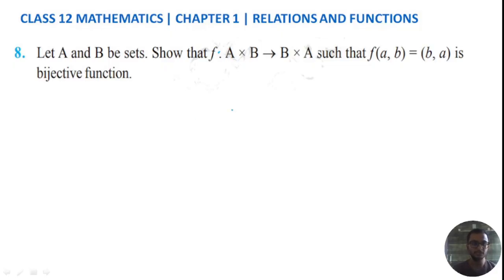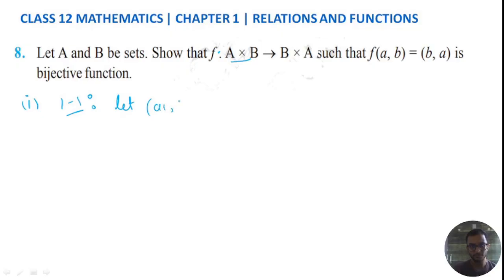Okay, so for a bijective function, first we need to show that it is 1-1, then we need to show it is onto. So how will we show 1-1? As we did in many previous videos, now we know how to show the 1-1 property. For the 1-1 property, we take some arbitrary points from the domain, but note that our domain is A cross B. So how will our point look?